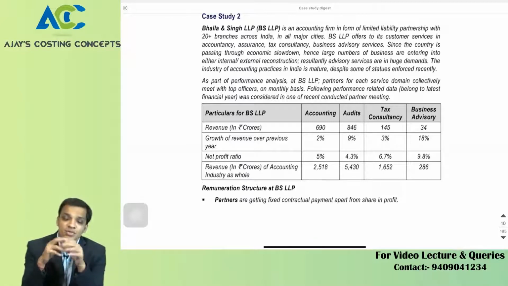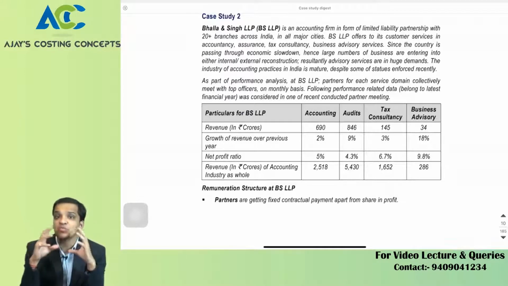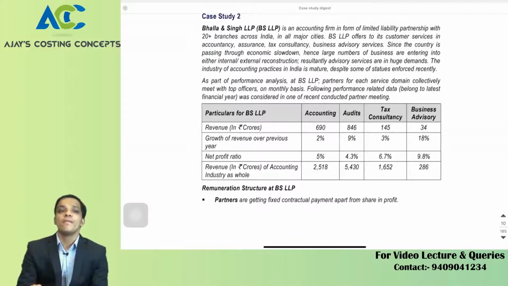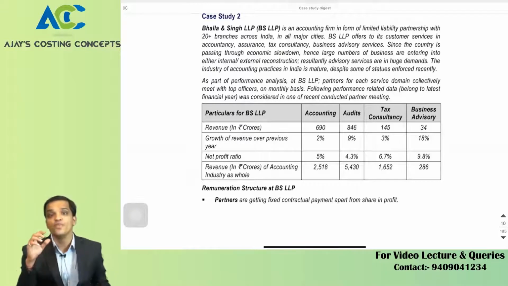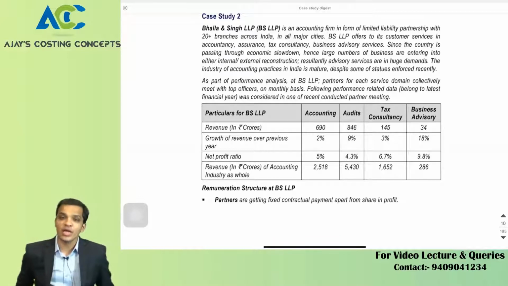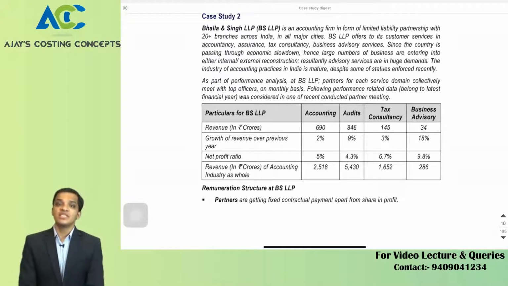See, this lecture is about the building block model, and this model is suggested only for service segments, like organizations who are service providers. So when there is a question about service providers, always follow the building block model. When you read the question, you should know what kind of business or organization it is, and what kind of product or services they are providing. If it is related to service, go for the building block model.